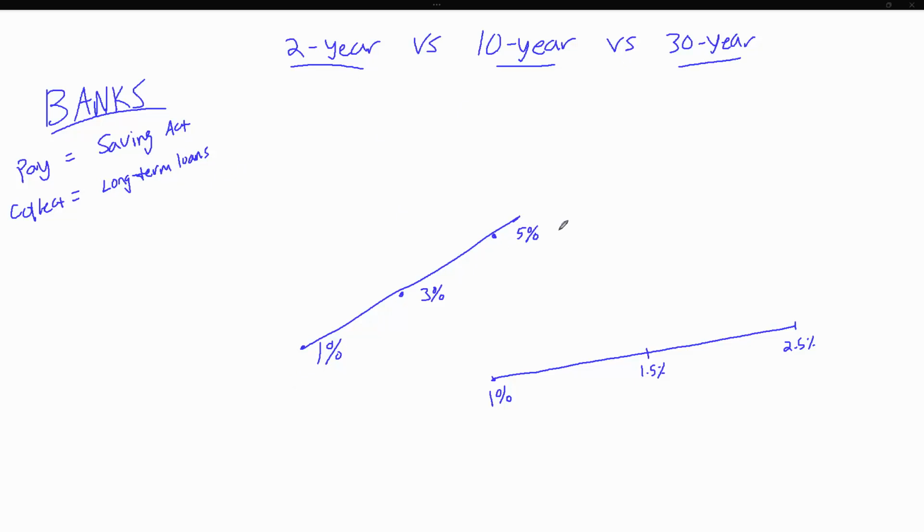My profit margin's quite nice because the difference between 0.05% and 5%, the profit margin is plus 4.5% in my favor as a bank, right?